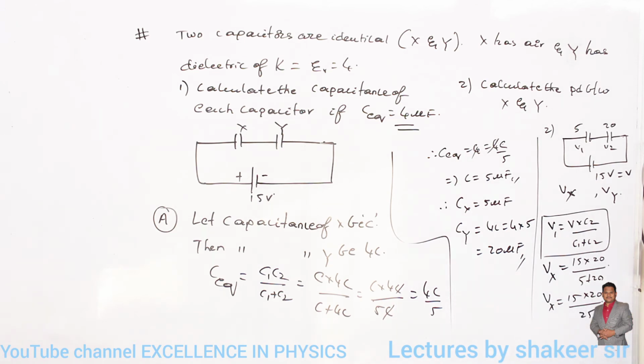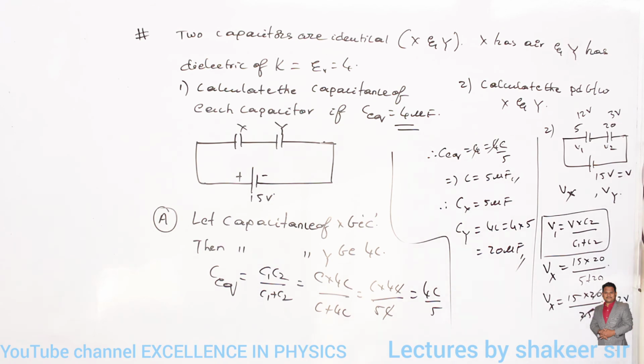If you solve this, 5 fours are 20, 5 fives are 25, 5 threes are 15, so 3 fours are 12 volts. This is the potential difference across capacitor X. Out of 15 volts, if this one takes 12 volts, then this one will take the remaining 3 volts. 12 plus 3 is 15 volts.